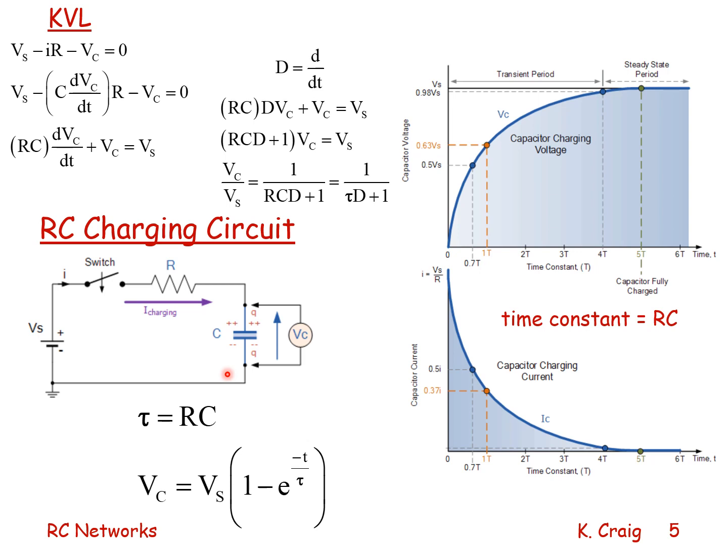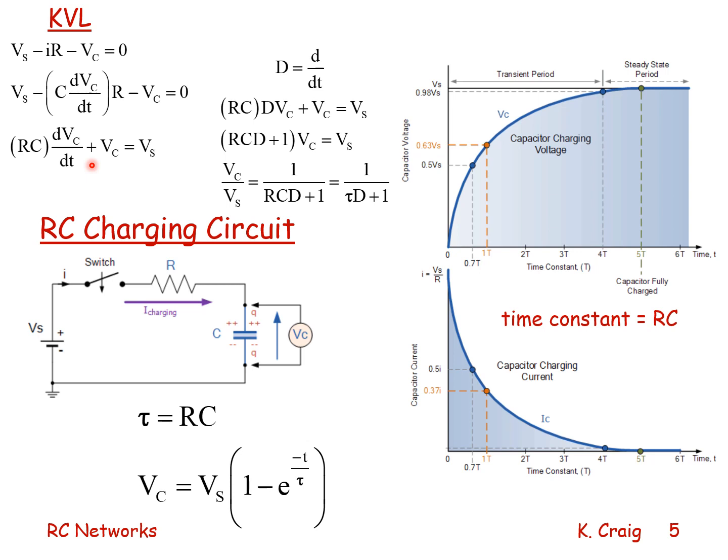That current, by the constitutive equation of a capacitor, is equal to the capacitance times the time rate of change of the voltage across the capacitor. I substitute this in for I, bring down the R, and I have now the second equation. This is a differential equation, which upon reorganizing terms, I have this equation.